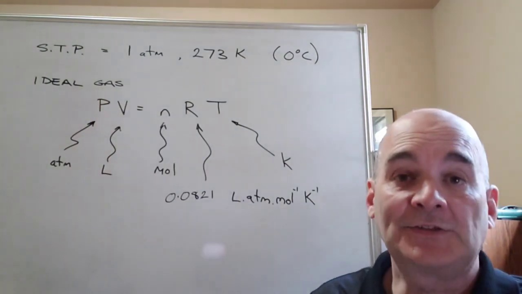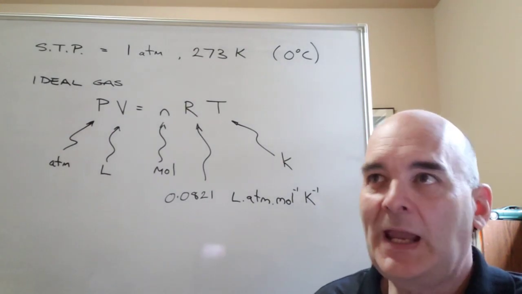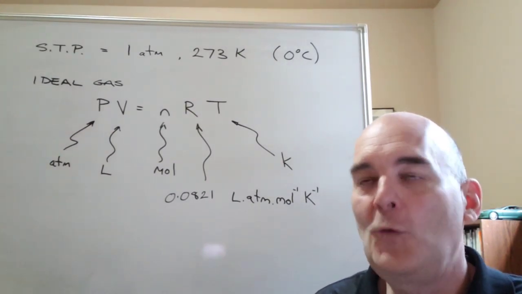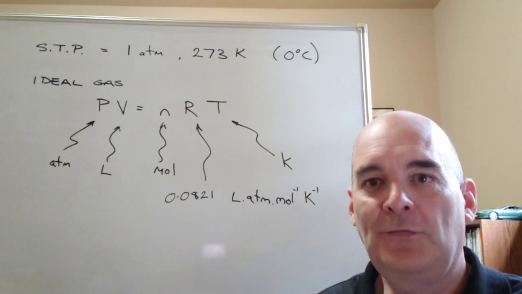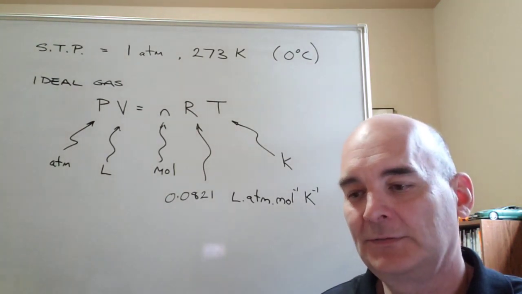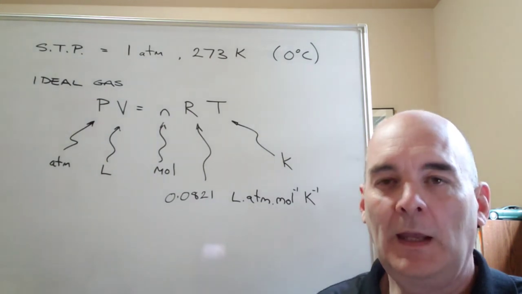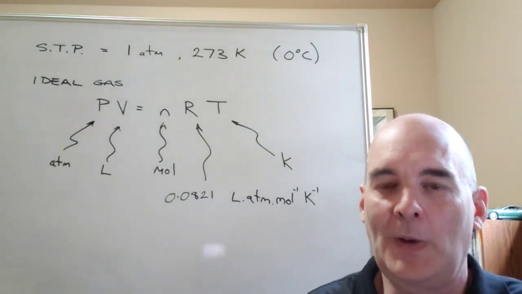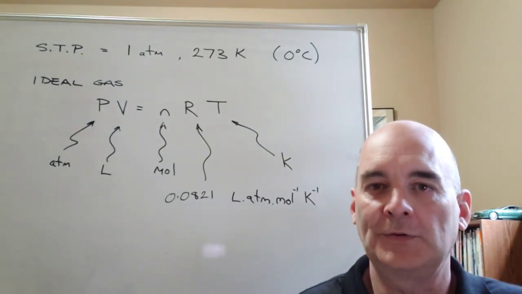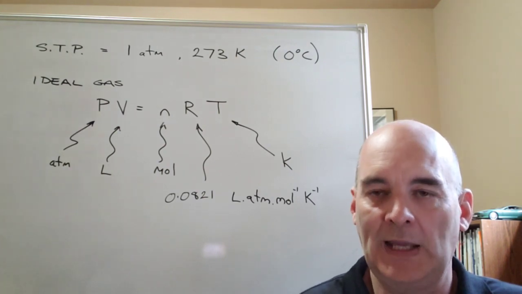An ideal gas is just a gas that obeys the laws. If it obeys the laws properly, we call it an ideal gas. If it deviates from ideality, we call those gases real gases.